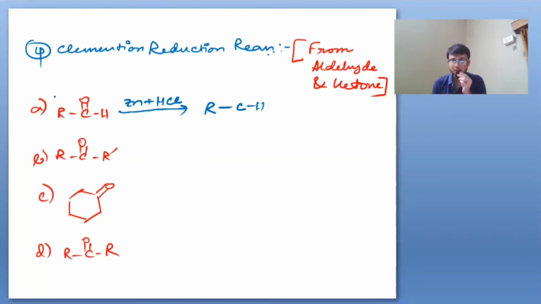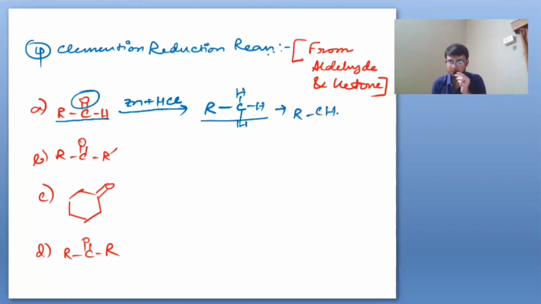We will just write what is given in the question without this double bond O. So we have written it RCH. It is also here RCH. Now in place of this double bond O, we will just add 2H.